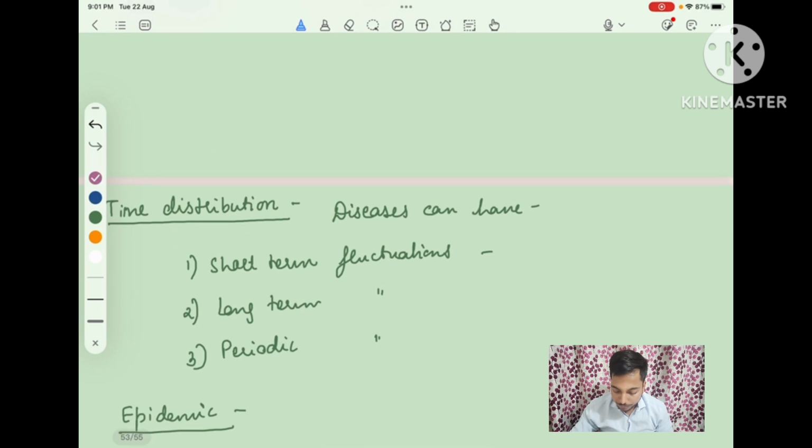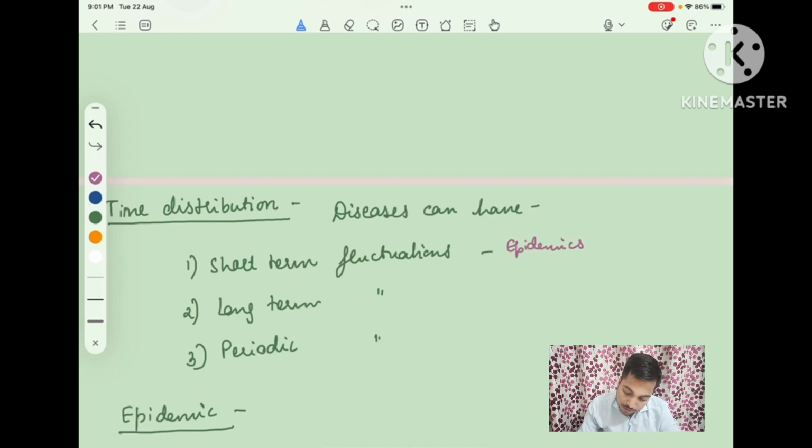So now coming on to the third step, that is we start with describing the disease in terms of time, place and person. So first of all, we can describe the disease in time distribution. Now in time distribution, diseases can have short-term fluctuations, long-term fluctuations and seasonal or periodic fluctuations. Now these short-term fluctuations are known as epidemics.